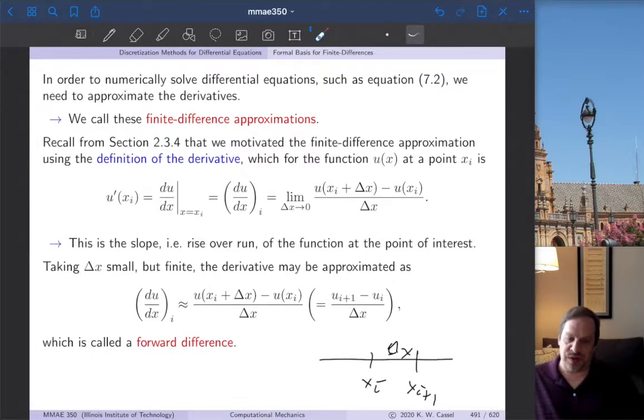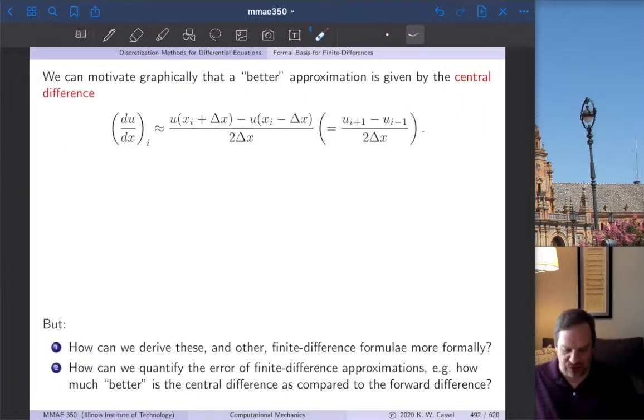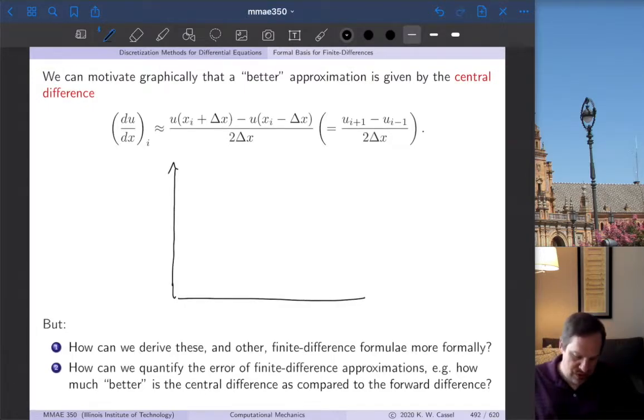Okay, so that's a finite difference. We actually call that a forward difference, because the point of interest is x sub i, and we're looking forward to the point x sub i plus 1 in order to approximate the difference. If you look at that graphically, it would look something like this. Here we have u as a function of x, and let's say u of x looks like this.